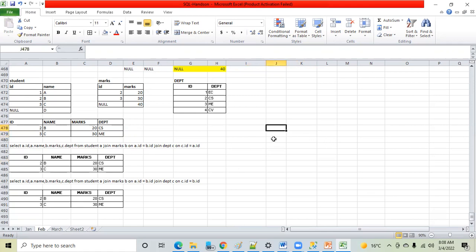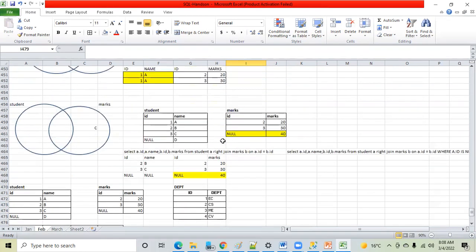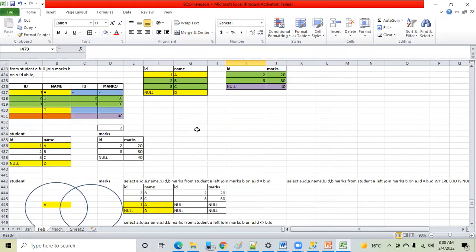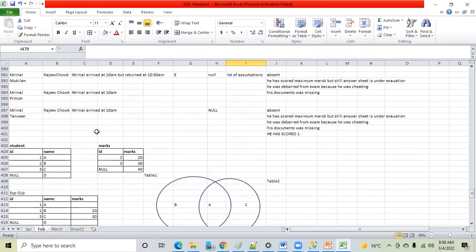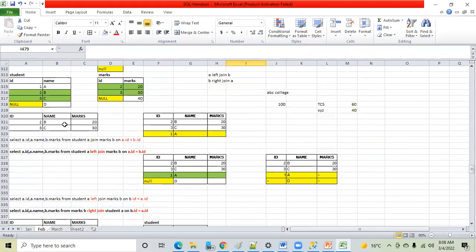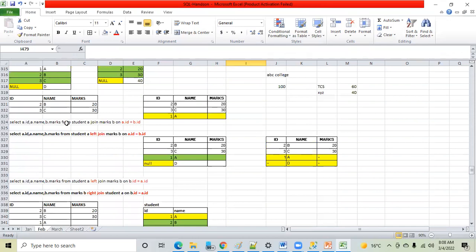So overall, the question is, if you concentrate on this inner join or left join, it was the inner join. One minute, yeah, one minute. Some announcement again, some announcement is going on. One minute, guys.